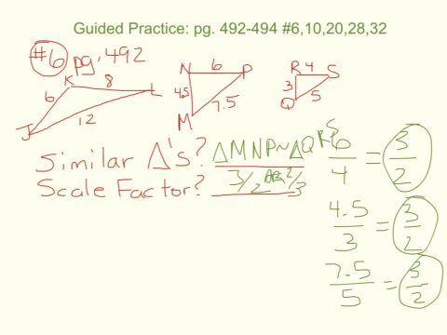But the reason I would write it as 2 over 3 is because if the bigger one is the original, then to get from the original to this smaller one, I would have to multiply by 2/3. To get from the smaller one to the bigger one, I would multiply by 3/2.